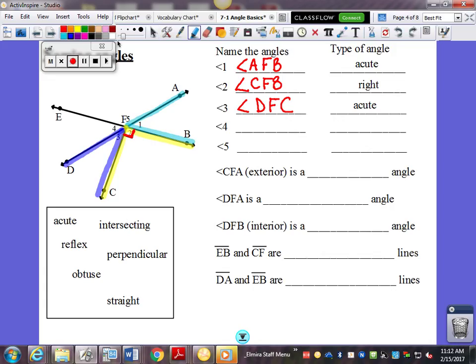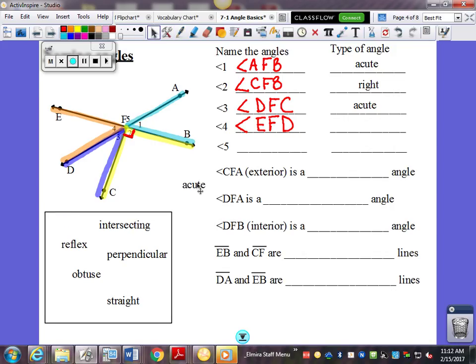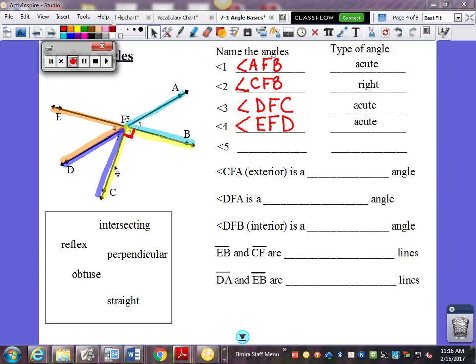Okay, angle 4, and we've got angle EFD, or DFE, either one. And that is also acute. Okay, angle 5, right here.